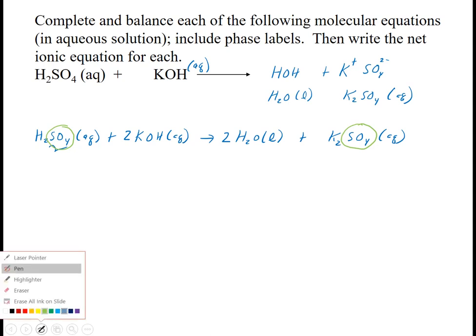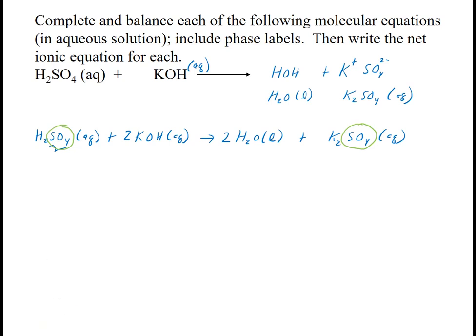Now, to write the full ionic, it's 1 times 2 is 2 H pluses, plus SO4 2 minus, plus 2 K pluses, plus 2 OH minuses, goes to form 2 waters as a liquid, plus 2 K pluses, plus an SO4 2 minus.